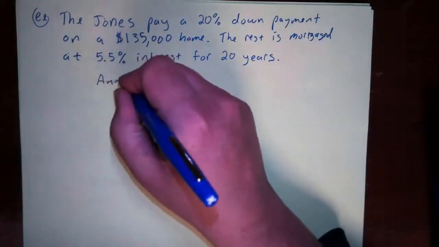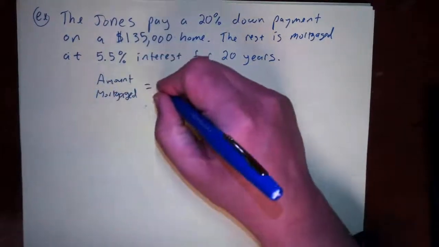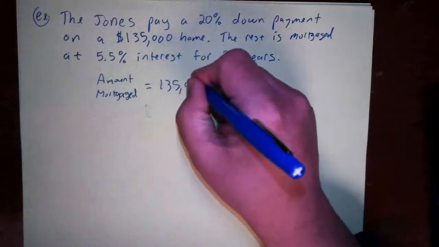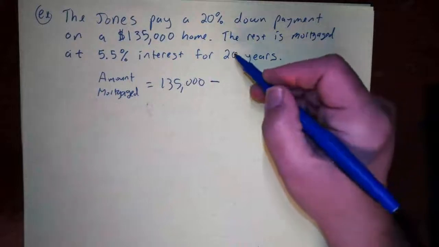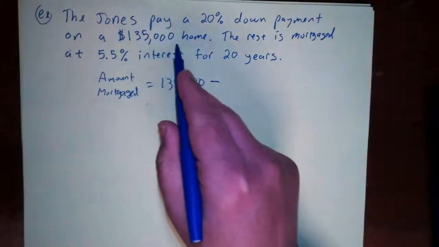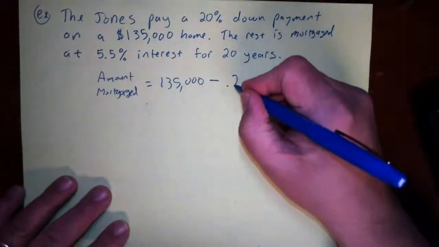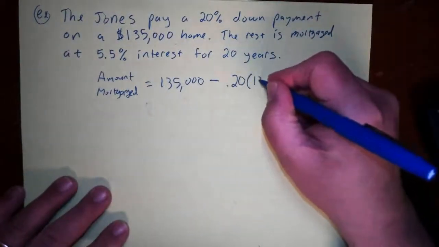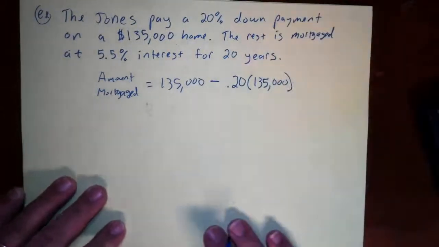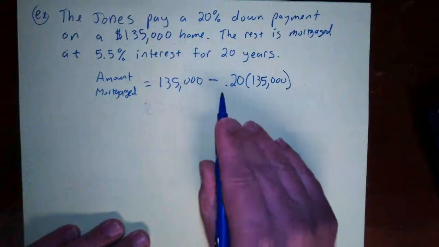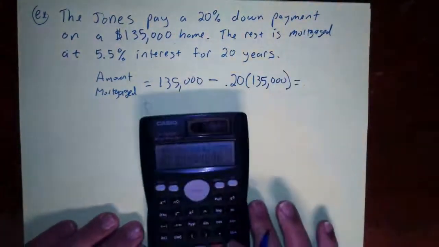So you could write it like this. I could say the amount mortgaged is going to be the $135,000 minus the down payment. And the down payment is 20% of this. So I'm going to write 20% of 135,000. So it's 135,000 minus this down payment, and that's going to give me the amount that I mortgage.